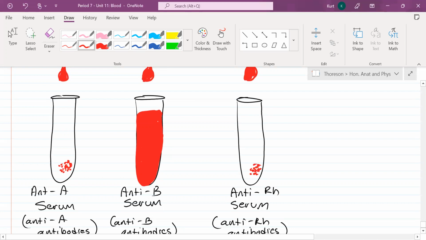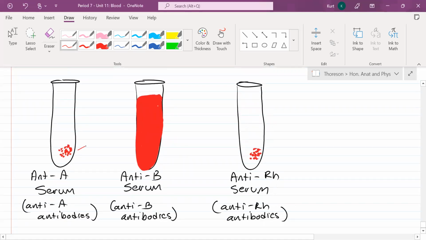So let's take it one at a time. This is agglutination. This means that the anti-A antibodies are reacting with the antigens that are on her cells. The antibodies and the antigens on her cells are a match.